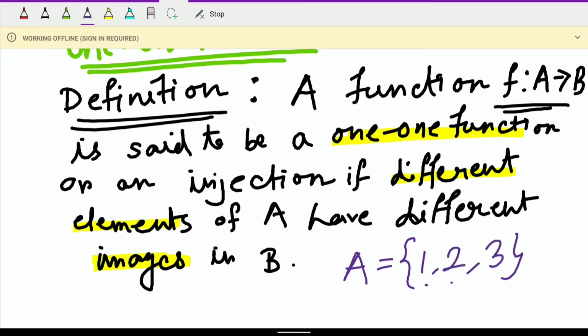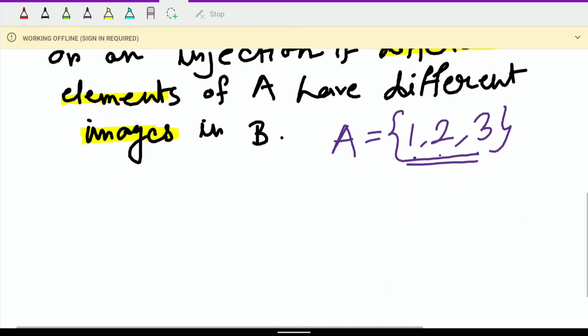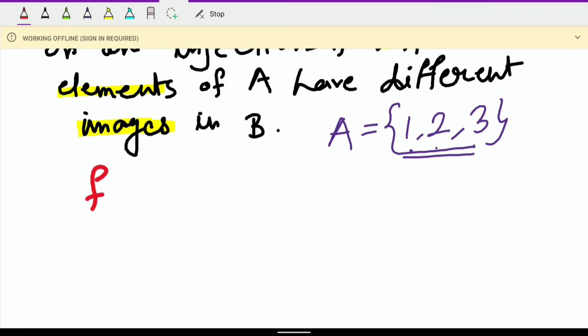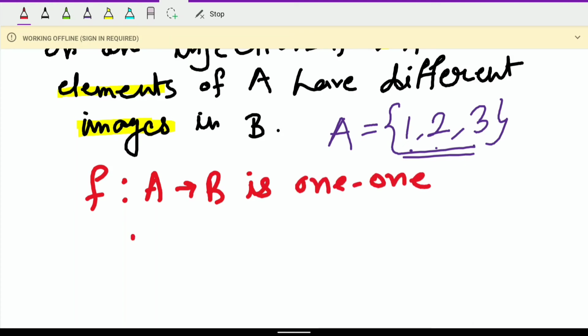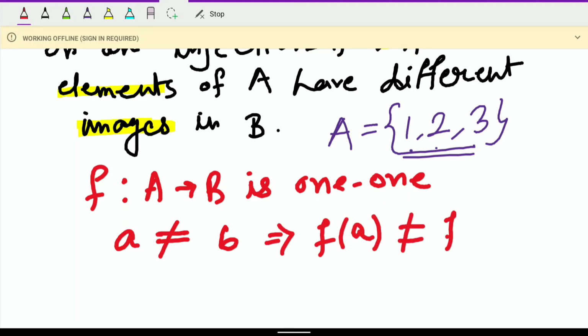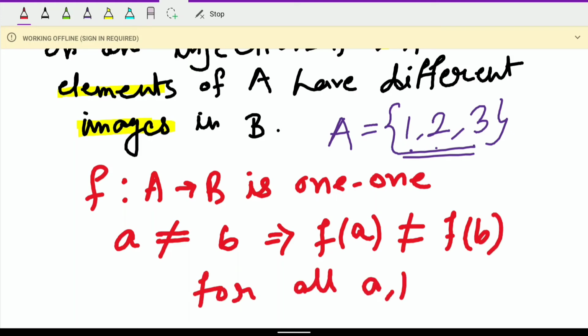So 1, 2, 3 are all elements of A. Now, what is a one-one function? If f maps A to B is one-one, then in mathematical expression, a not equal to b implies f of a not equal to f of b, for all a, b belonging to A.